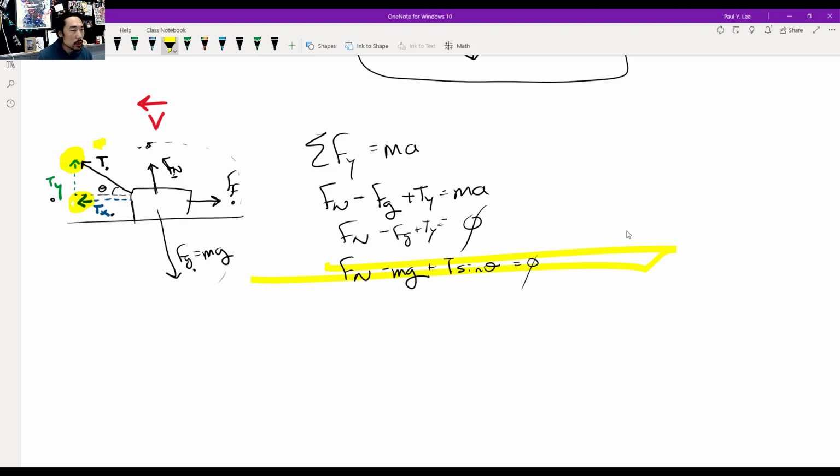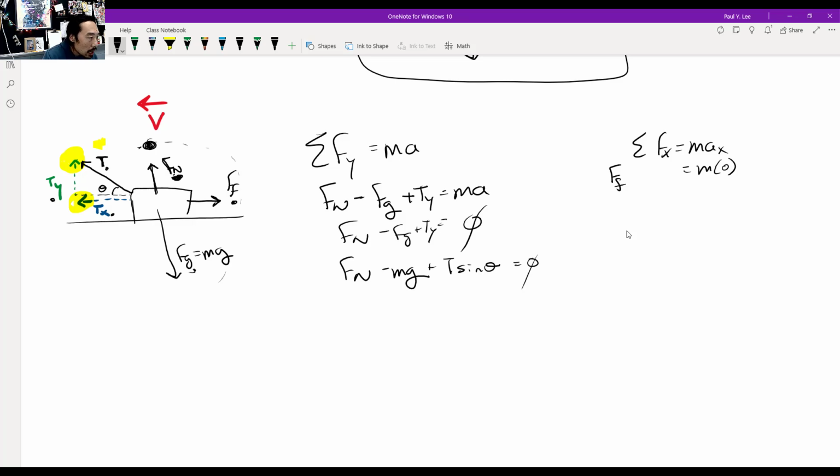Let's do the same for the x. For the x-axis, always start off with the base formula, and we know that all of this is adding up to 0. I'm going to start at the 12 o'clock mark and ask myself, is this the x-axis? F of n? Nope. F of f? Yes, it's pointing to the right, therefore it's positive. Fg? Nope. Y-axis. Tx?